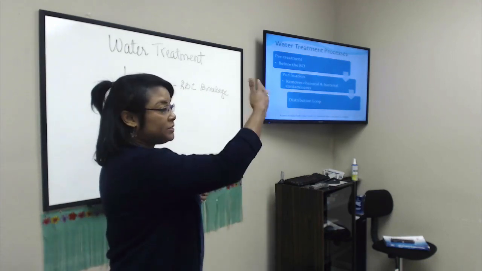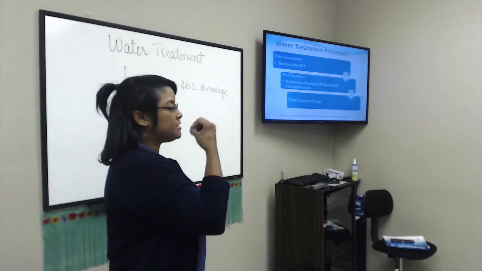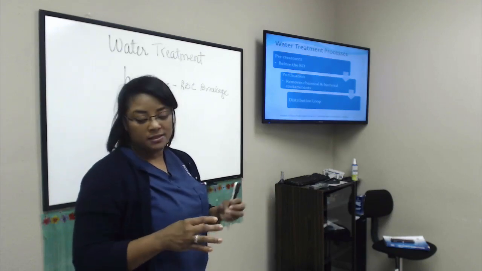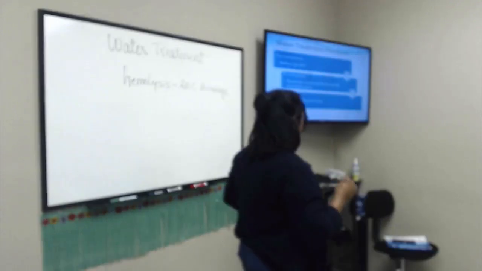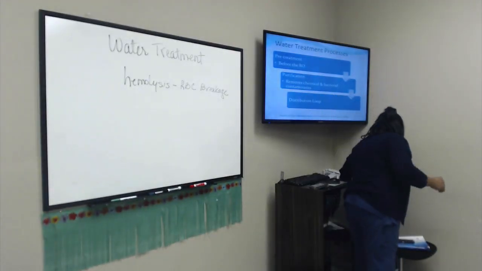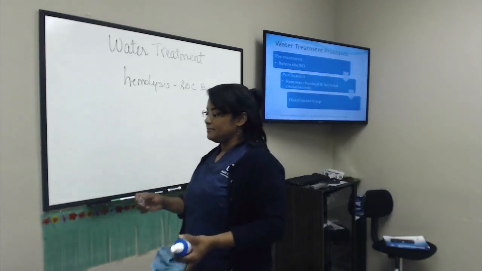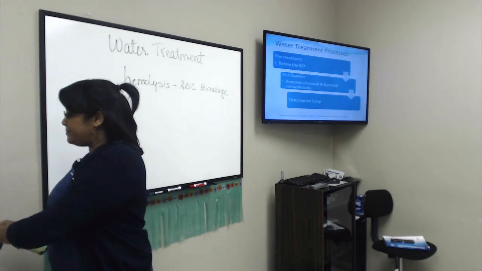It's going to be the pre-treatment, and the pre-treatment is before the RO. The RO is the reverse osmosis system, okay? Again, if you want to write that down, RO is the reverse osmosis system. Did you all identify the RO?